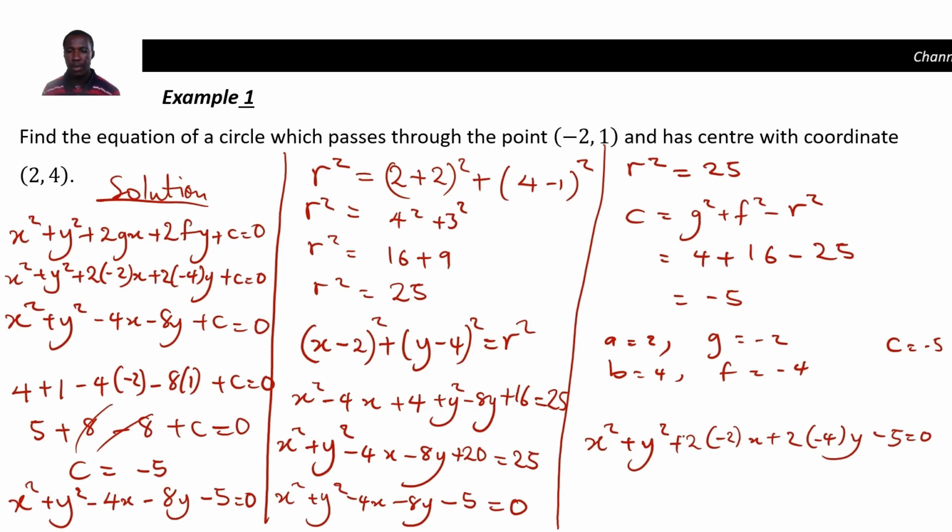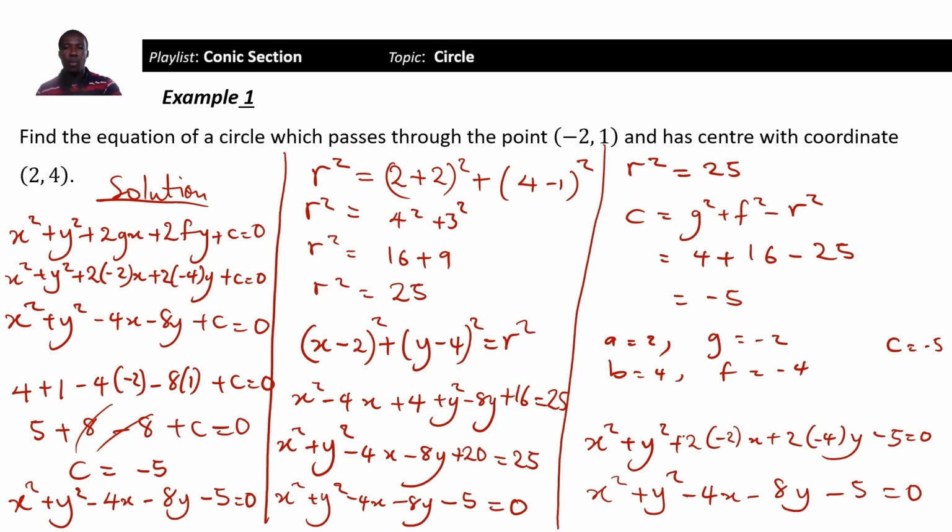And so when you simplify, you are going to get x squared plus y squared minus 4x minus 8y minus 5 is equal to 0. So this is how we find the equation of a circle when the center and a point on the circle is given.